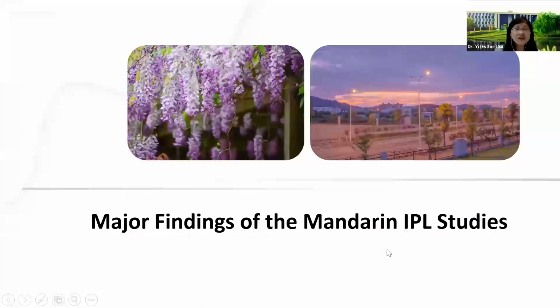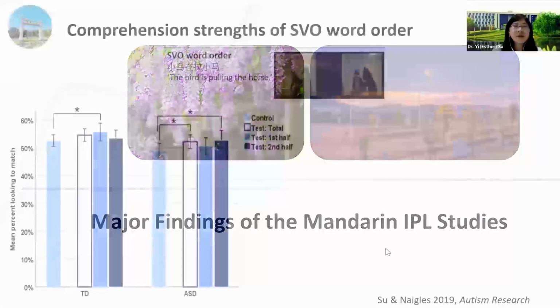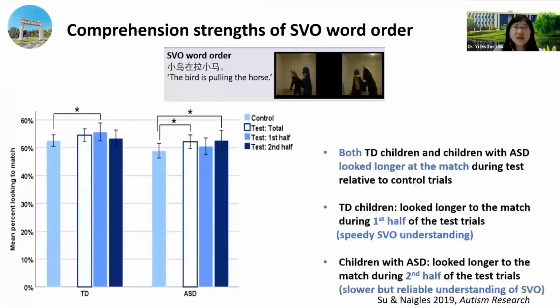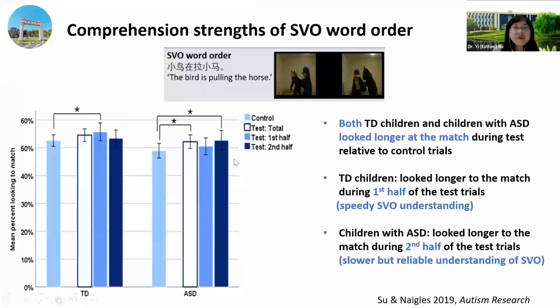So here are the major findings of our studies. For the first one, comprehension, we found comprehension strengths of SVO word order. For the test sentence 小鸟在拉小马, if you understand the test sentence, you look at the left video. We found that both TD children and children with ASD look longer at the match during test relative to control trials.